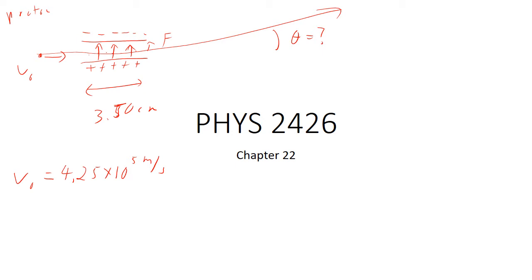Okay, so from what I've just given you, I want to know theta. How do we find theta? Well, it's initially going this way. So the initial velocity is in one direction only. It is initially 4.25 times 10 to the 5th meters per second in the i direction.